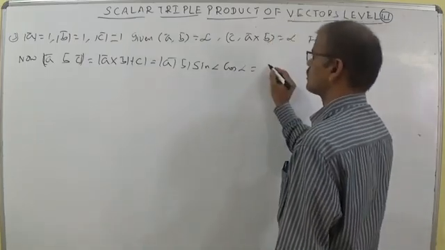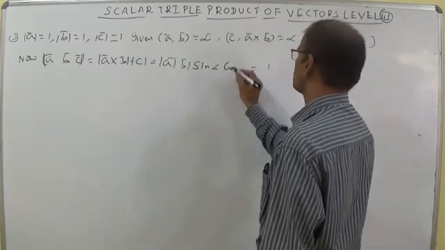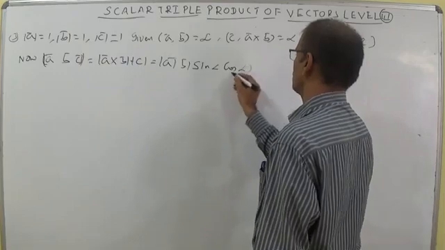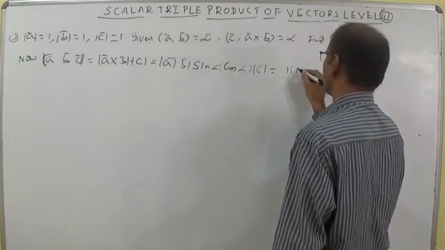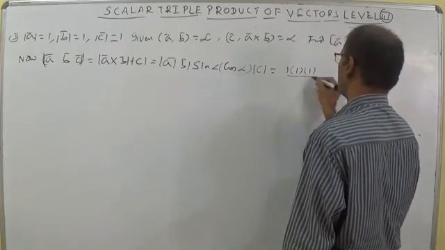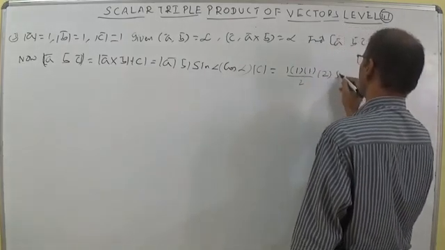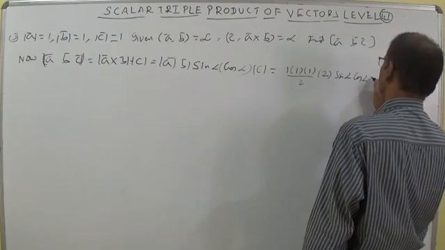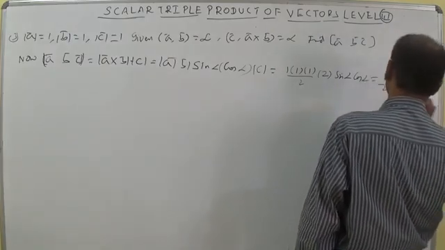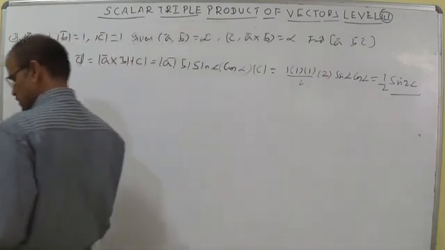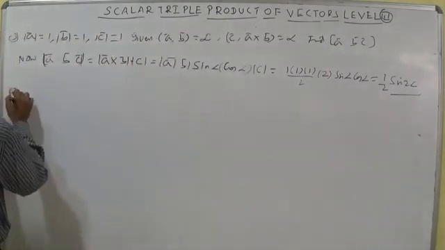Mod A unit vector, mod B unit vector, mod C also you should write here. Then you can write 1 into 1 into 1 whole by 2 into 2 sin alpha cos alpha I am writing. 2 sin alpha cos alpha. So you can write here 1 by 2 into sin 2 alpha. That's all. Here option 1.